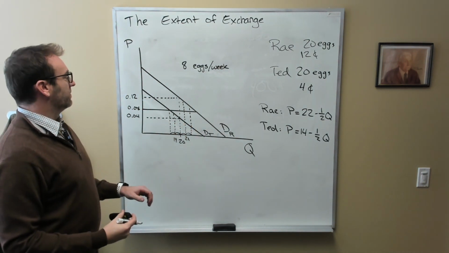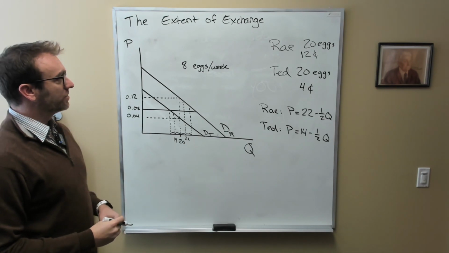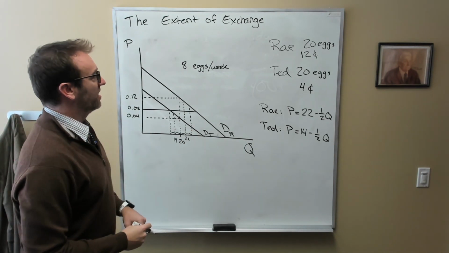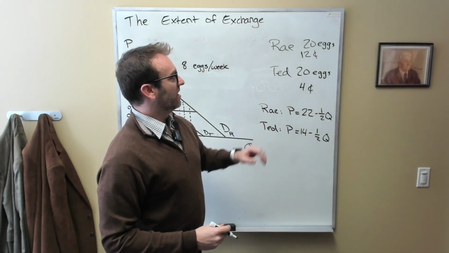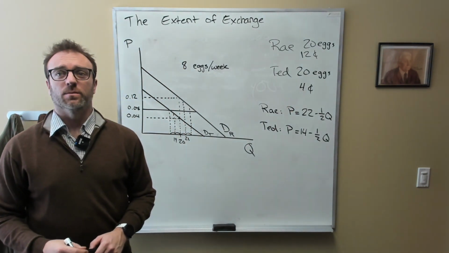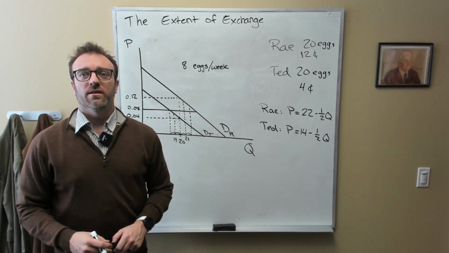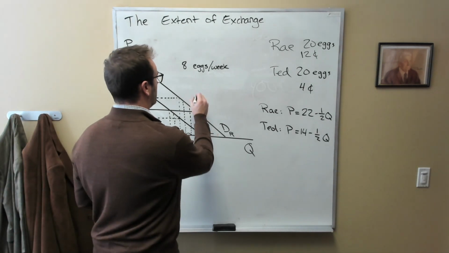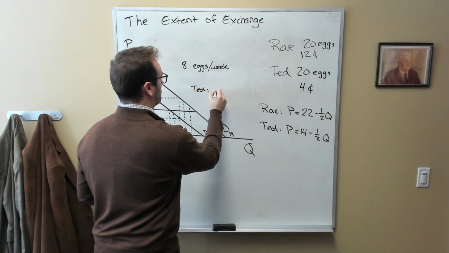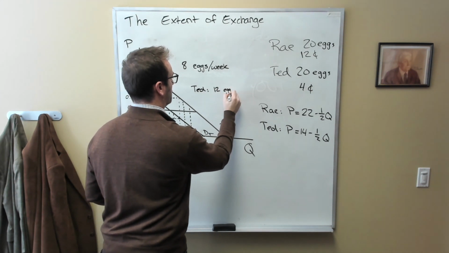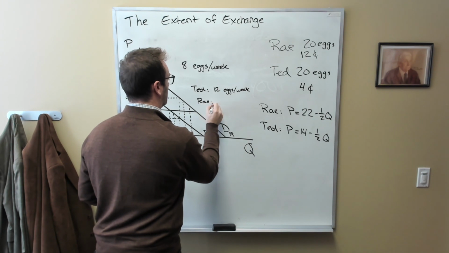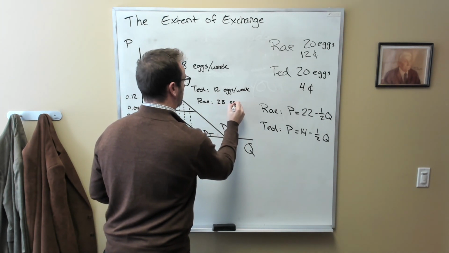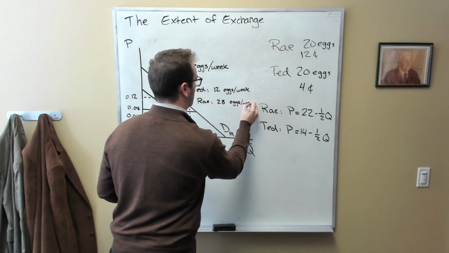We will end up having the marginal personal worth to Ray being equal to 8 cents, and we will have the marginal personal worth of the 8th egg given up equal to 8 cents for Ted. In this case, this will leave Ted with a total of 12 eggs per week, and Ray with a total of 28 eggs per week.